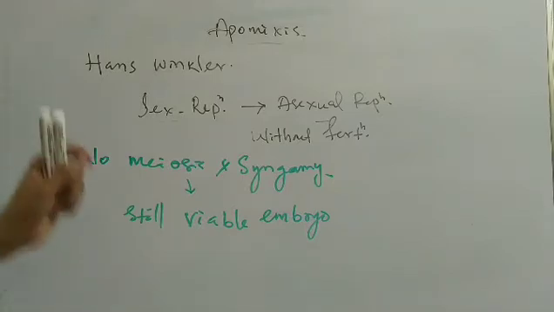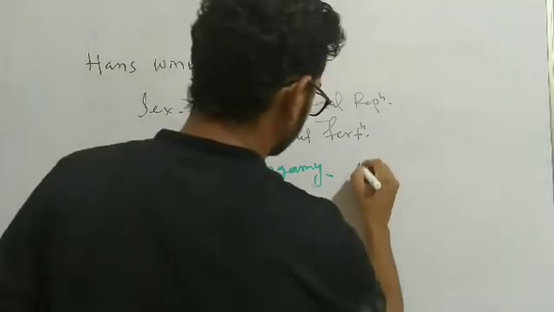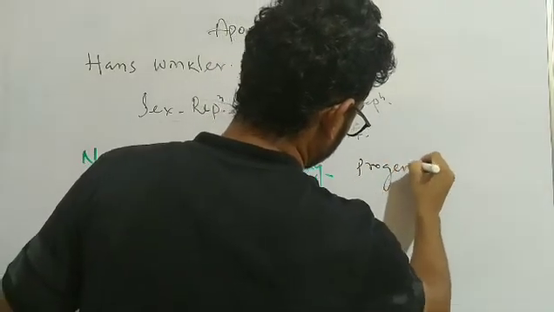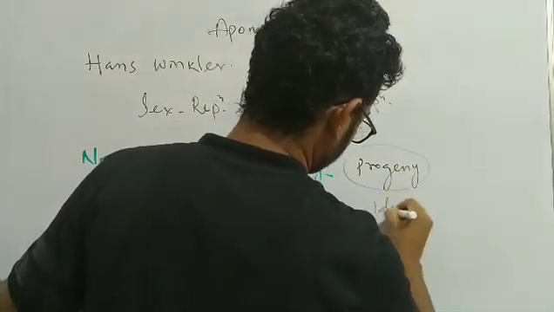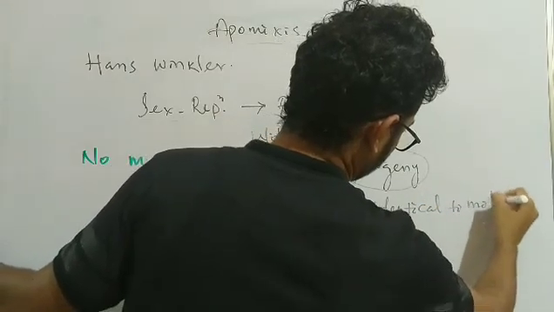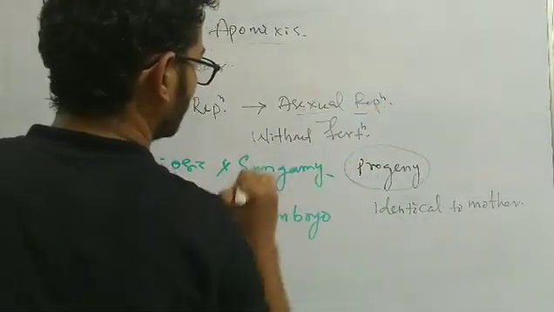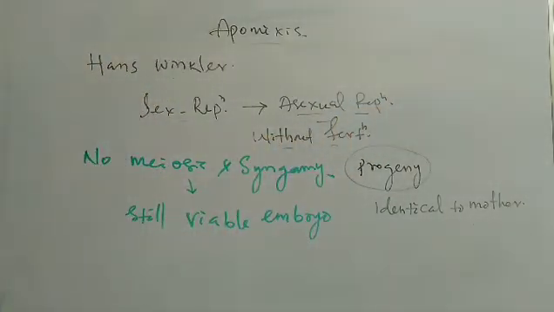In such asexual seeds which produce the progeny, the progeny produced are identical to the mother. Why? Because they are produced as a result of asexual reproduction without fertilization.